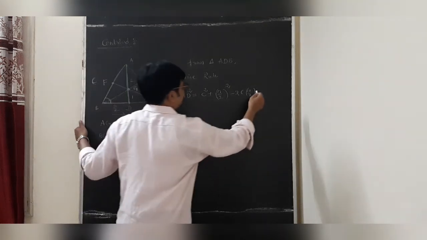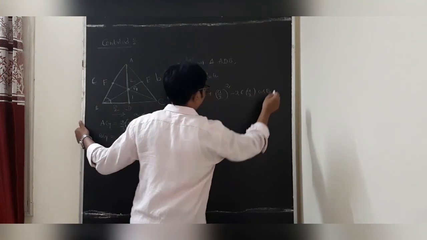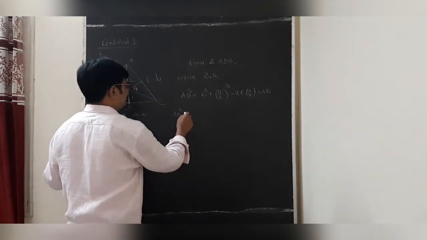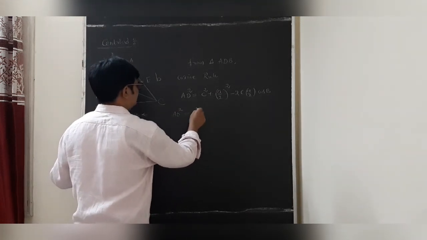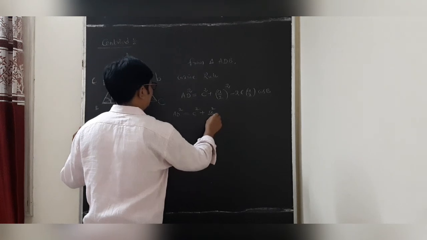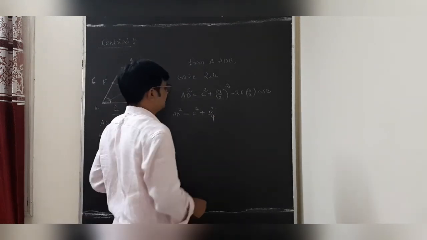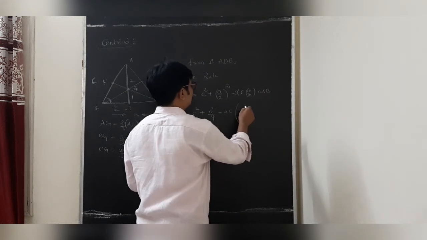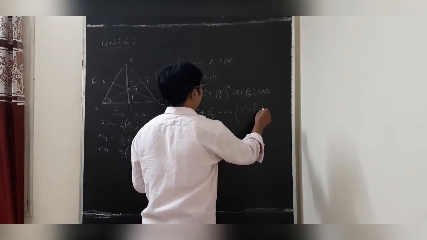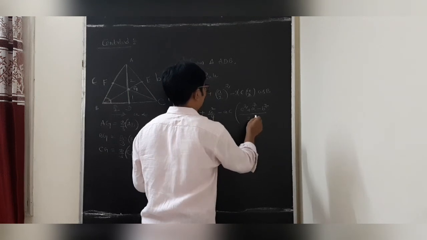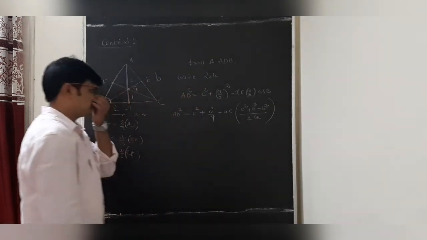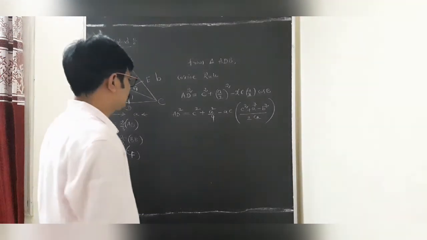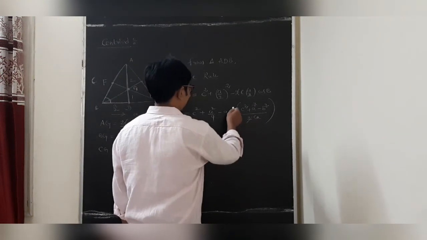That is B. So dear students, this is the cos B. My dear students, now this can be written as AD square equals c square plus a square by 4, yes, the 2 cancels, minus ac cos B. We know that cos B is c square plus a square minus b square by 2ca. So students, these are cancelled.